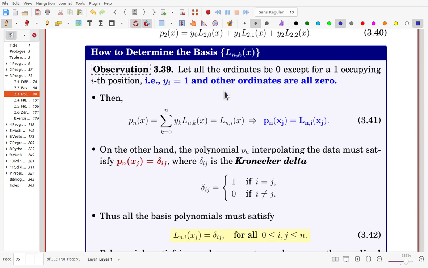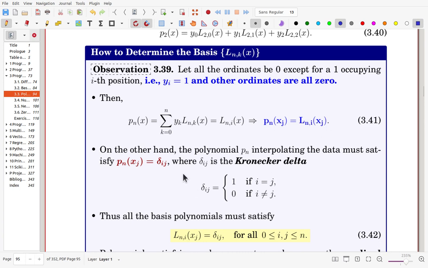Then Pn of x, given in this linear combination, can be written as lni. yi is 1 and every other y value is 0, so we have only one term. Once xj is used, we have Pn(xj) is lni(xj).